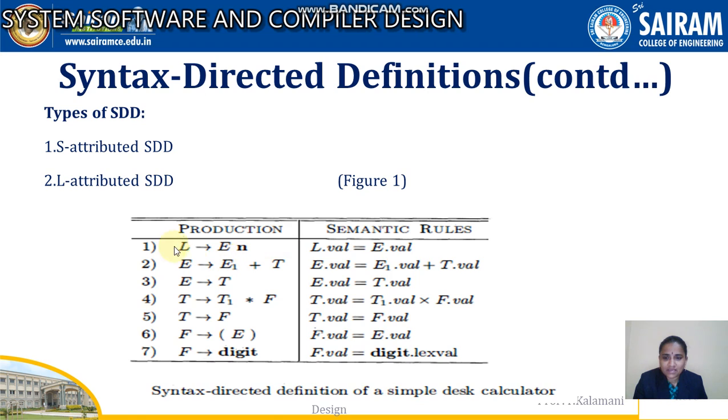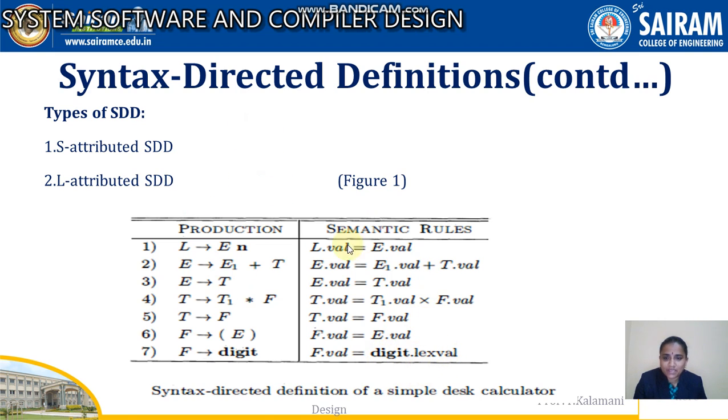Here we have the grammar symbols L, E, E1, T1, T, F and so on. These are the non-terminals, and the synthesized attribute associated with them is val. We also have the terminal symbols plus, star, opening parenthesis, closing parenthesis, digit and so on. The synthesized attribute associated with the terminals is lexval, which will be supplied by the lexical analyzer.